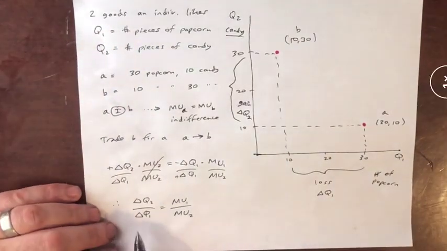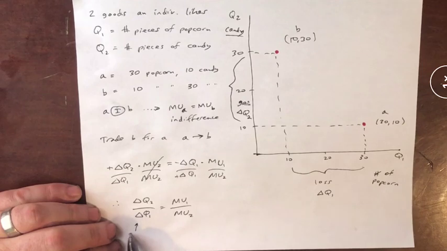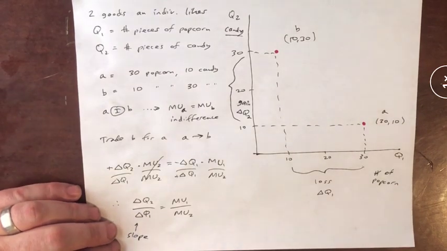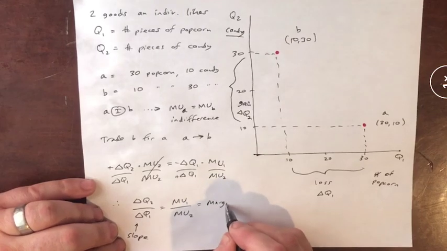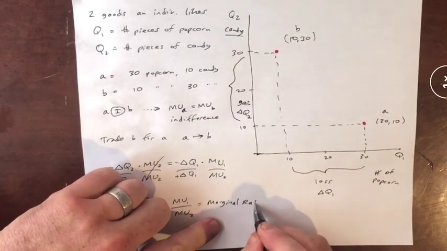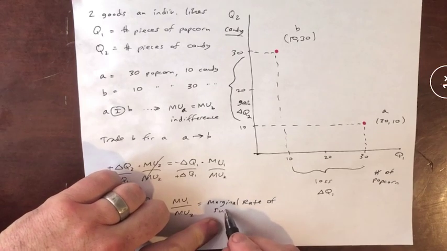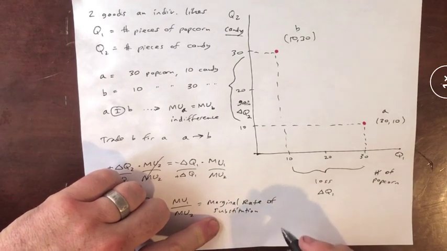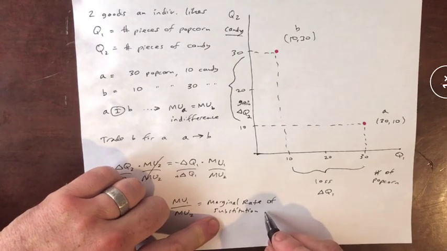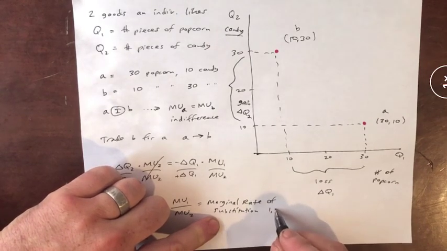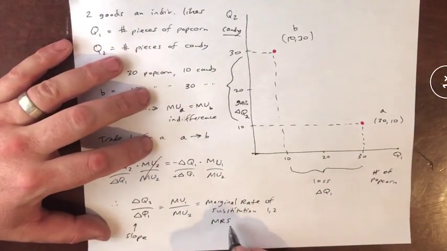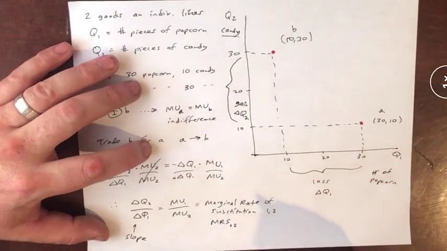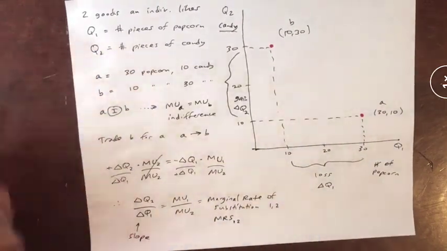Notice delta Q2 over delta Q1, this is the formula for the slope of something. And mu1 over mu2, we're saying, this is equal. And this concept is called the marginal rate of substitution. Technically, it'd be the marginal rate of substitution between good 1 and good 2, or MRS 1,2.